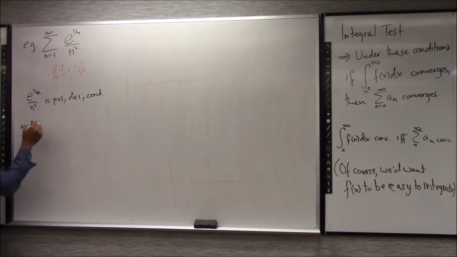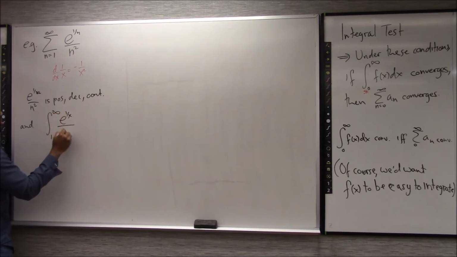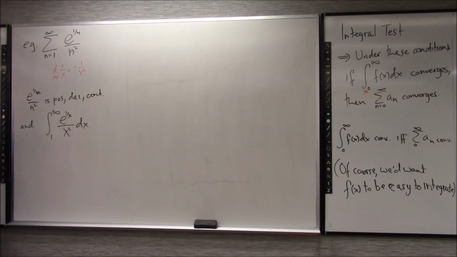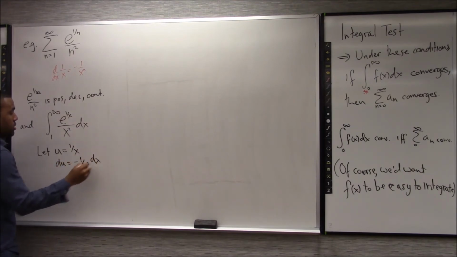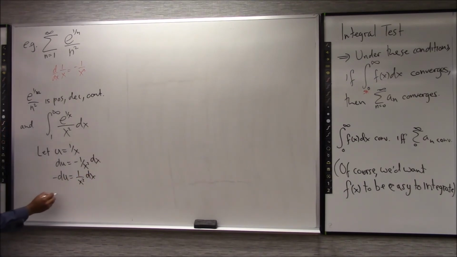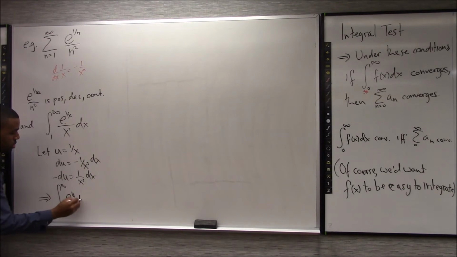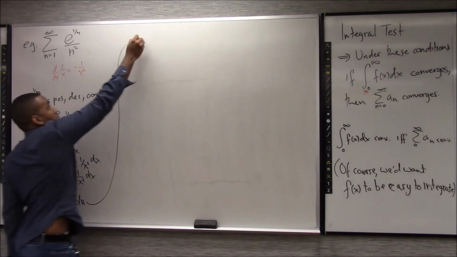And if I do the integral from 1 to infinity of e to the 1 over x squared, I actually know how to integrate that by just setting u equals 1 over x. My du would give me minus 1 over x squared dx. So minus du is that 1 over x squared dx. And so this really just becomes the integral as x goes from 1 to infinity of e to the u du.